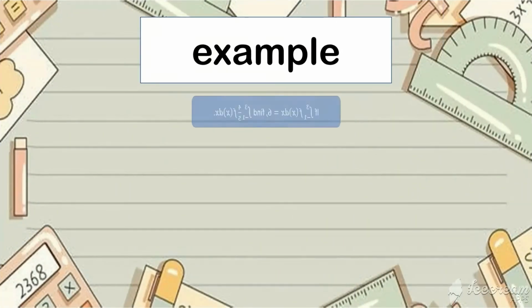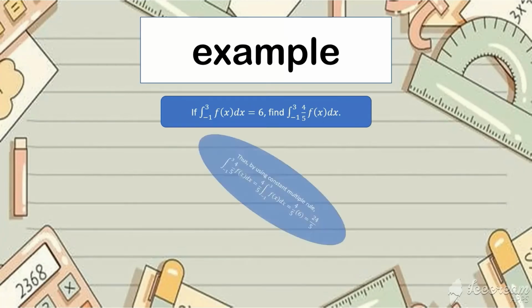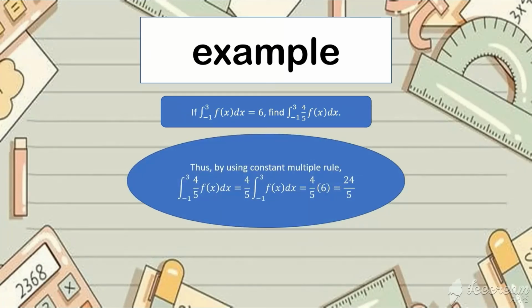Example: if the integral of f(x) dx from -1 to 3 equal to 6, find the integral of 4/5 f(x) dx from -1 to 3. Thus, by using the constant multiple rule, we will get the answer by using this step.